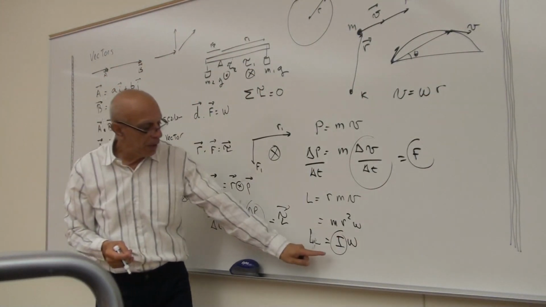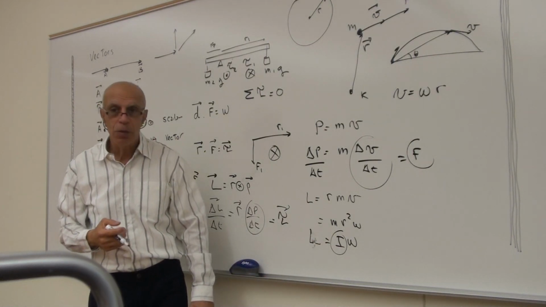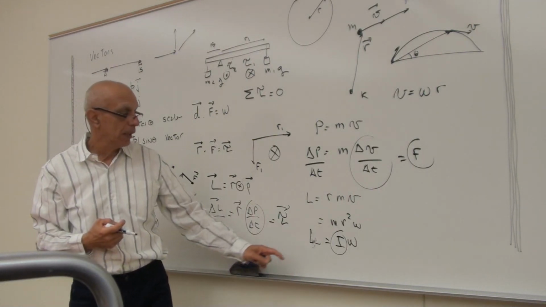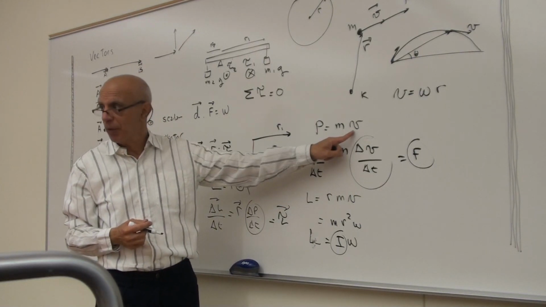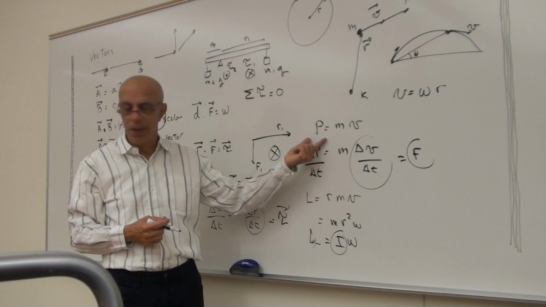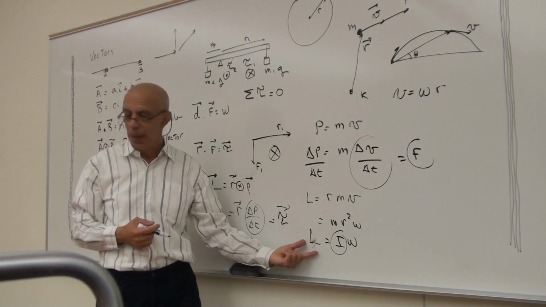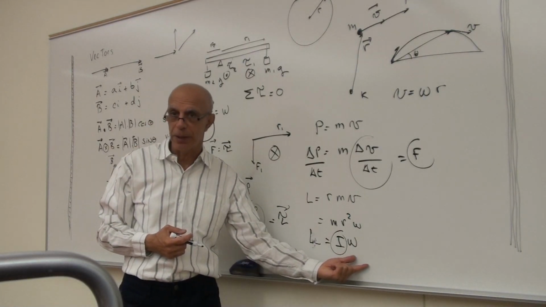So this angular momentum is equivalent to mass times velocity. That is linear momentum: mass times velocity. Angular momentum is moment of inertia times the angular velocity.